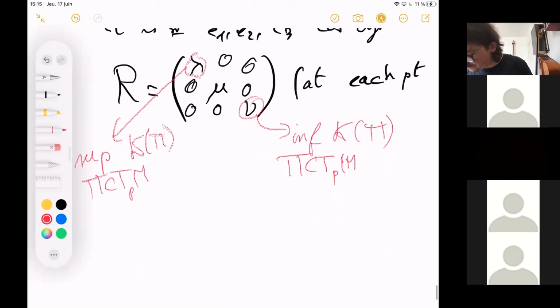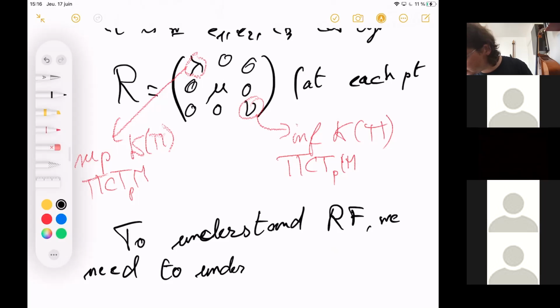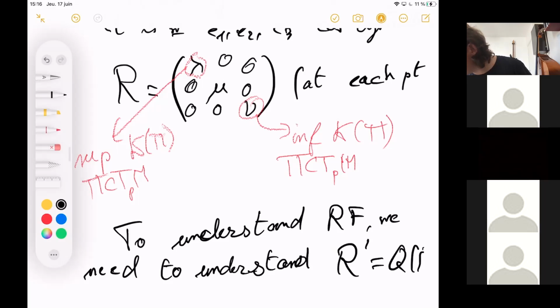Okay, so now to understand Ricci flow in that setting, we need to understand the ODE R' = Q(R), and we need to understand that for any initial condition.